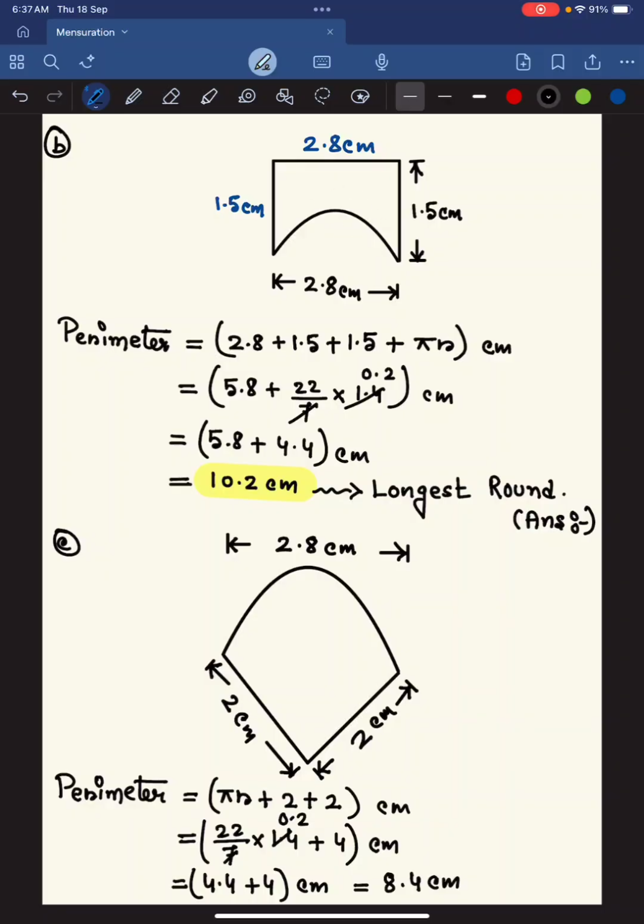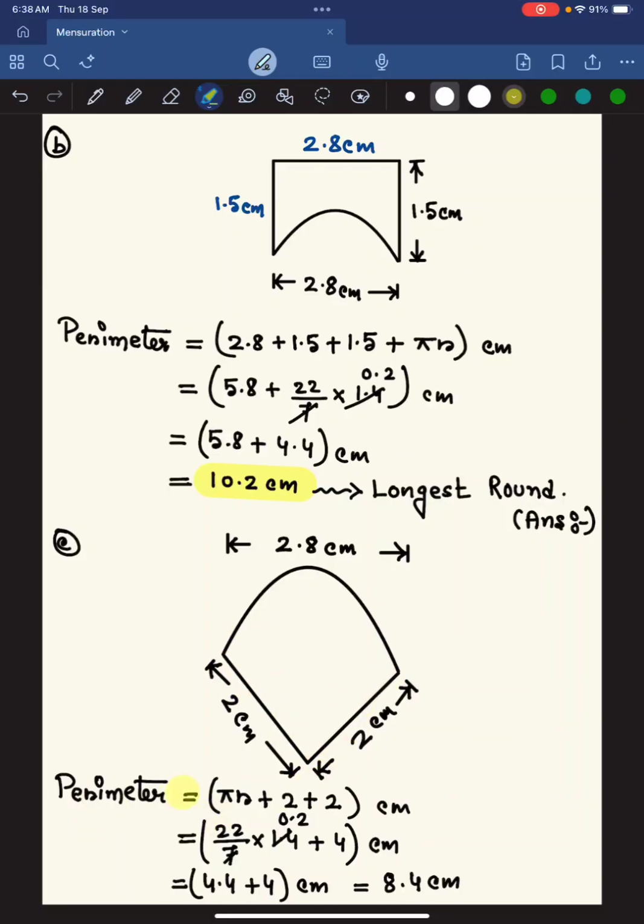Similarly, look here in this figure, it is an irregular figure where this is 2 centimeter, this is 2 centimeter, and this is a semicircular arc. So in order to find out the perimeter of this figure, we can find the perimeter of this semicircular arc and add it to this 2 and 2, right?